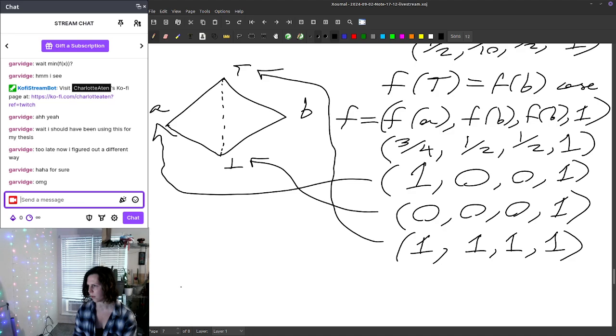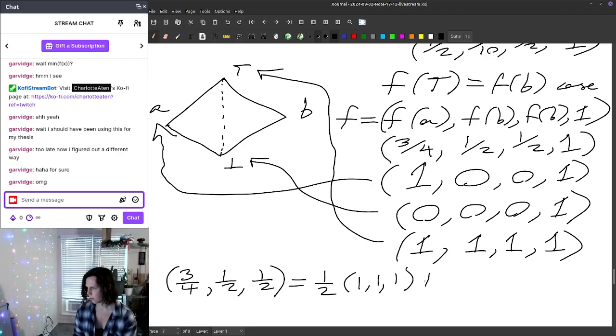If I forget about this last coordinate, I can say 3/4, 1/2, 1/2 is equal to 1/2 times 1, 1, 1 plus 1/4 times 1, 0, 0. And then this isn't a convex combination because the coefficients don't add up to 1, but I can also say plus 1/4, 0, 0, 0, and now that is a convex combination.